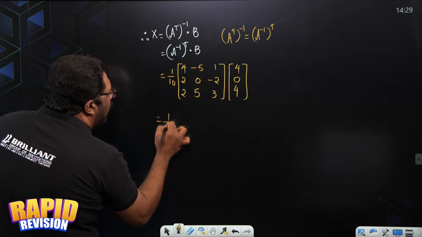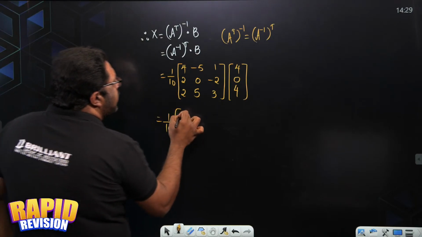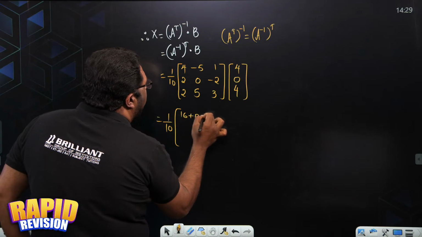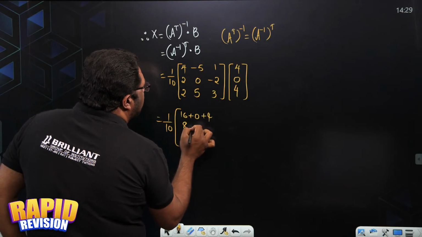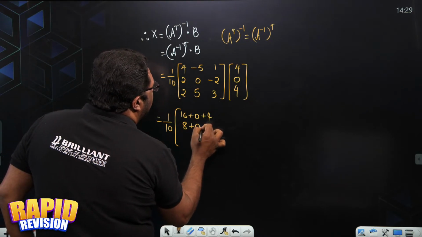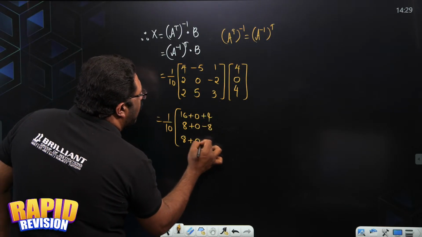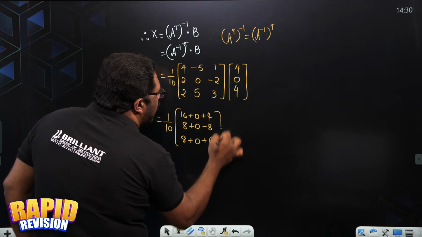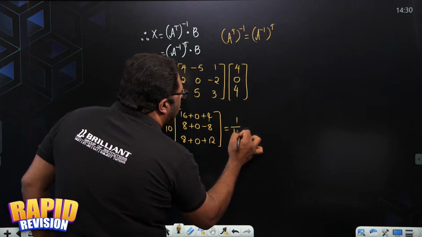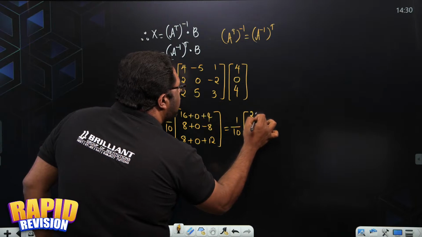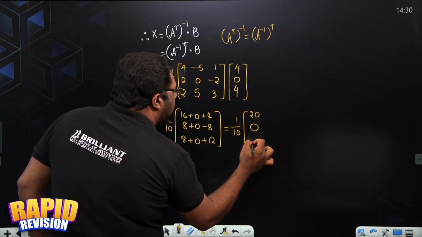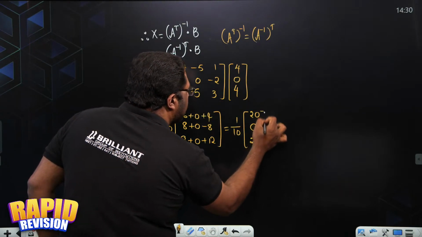Please multiply it quick. You will get 16 plus 0 plus 4, 8 plus 0 minus 8, and 8 plus 0 plus 12. So your matrix is 1 by 10 times 20, 0 and 20.